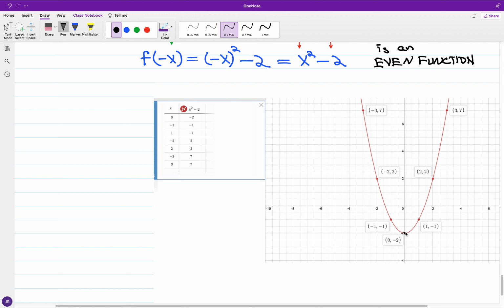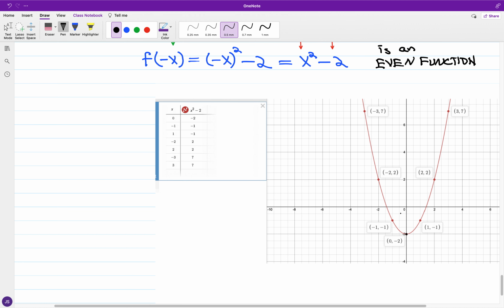Okay, and again, you have your y-axis, and instead of going away from the origin, we have straying from the y-axis. So you have negative 2 at 0, and as you start to get out to the right and to the left, as you get an equal horizontal distance away from the y-axis, you're going to be at the same vertical level. 1 to the left, 1 to the right, same level. 2 to the left, 2 to the right, same level.